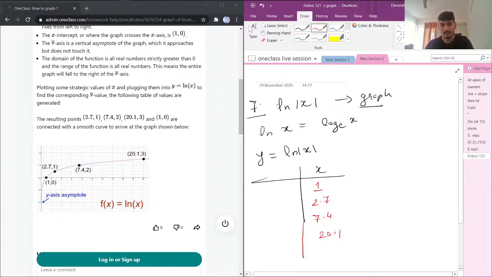When I put x equals 1, I will get ln of 1 is basically 0. I knew that. Then ln of 2.7 is 0.99, so I can write it as 1.